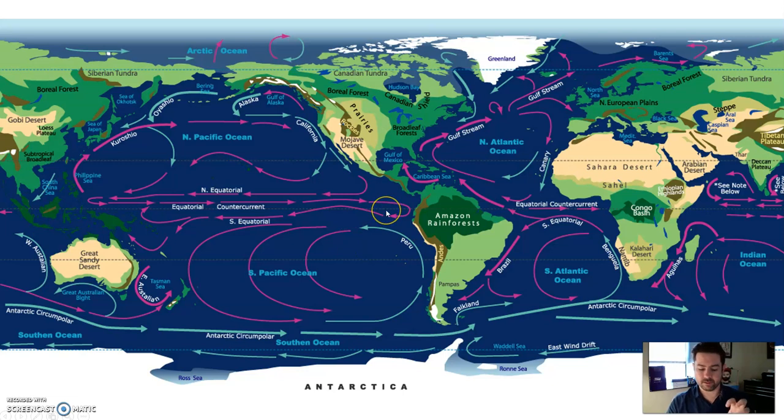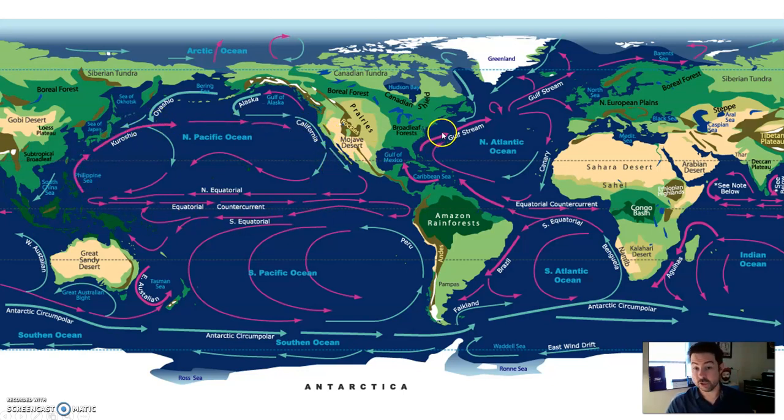So we have the highest amount of solar energy hitting the equator, the warmest part of the globe, on average. And so then you take that warm ocean water in the northern hemisphere, north of the equator. As that warm water heads north, it cools down, and warms back up again, heads back north, cools down.